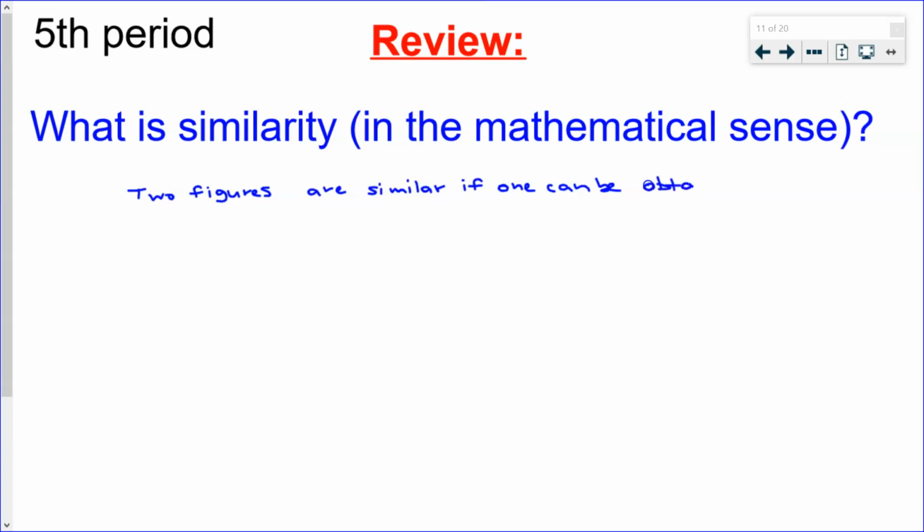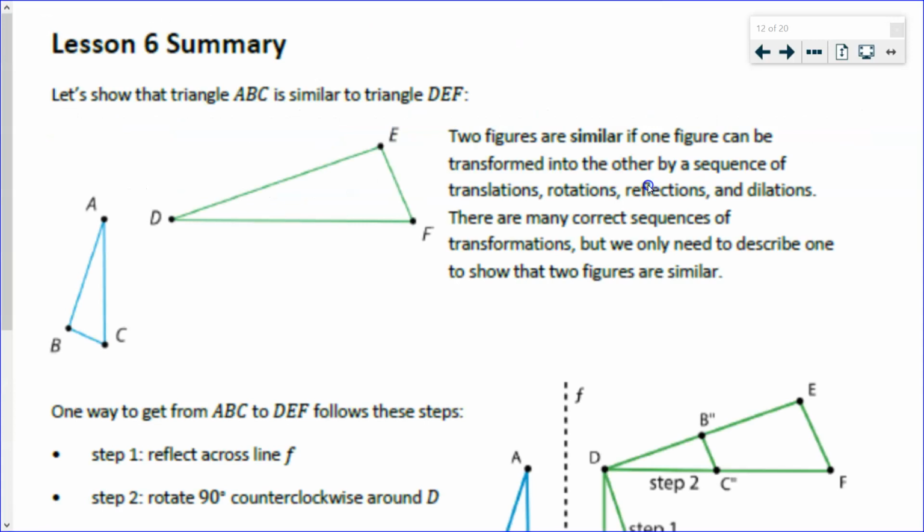Are we writing this down since I only had 3 hands that were up? Yes, and where are we writing it?